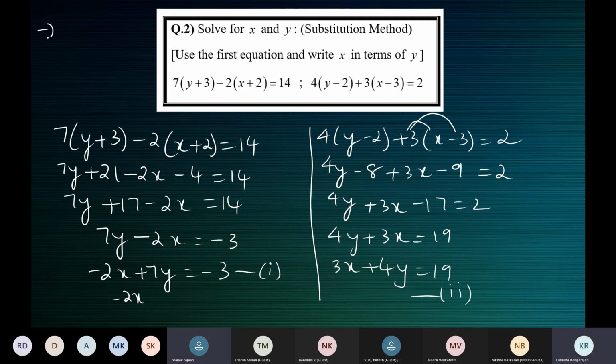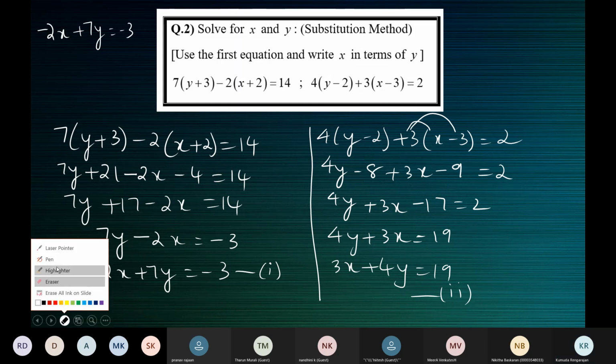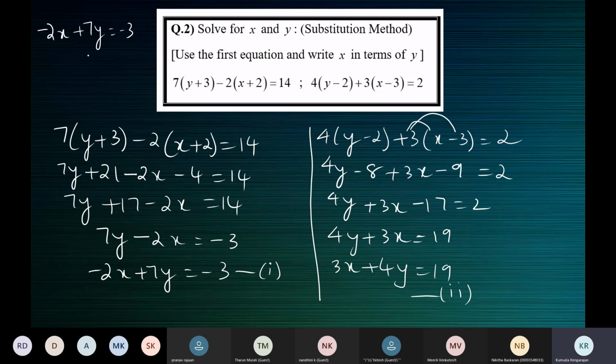Nikita, I want you to listen to this. Okay, let me ask Nikita. Yes, Nikita, tell me this one. I have taken up the first equation. I want you to write x in terms of y. No, I don't want any delay.